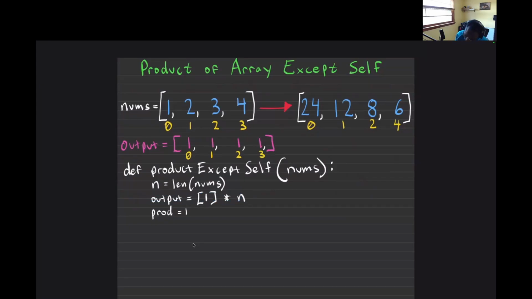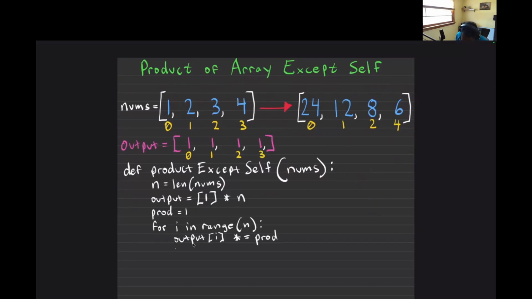So essentially we are going to iterate from left to right, and then we're going to iterate from right to left, okay? And I'll show you why that makes sense. So first and foremost, we'll say for i in range n, output of i times equals prod, okay?